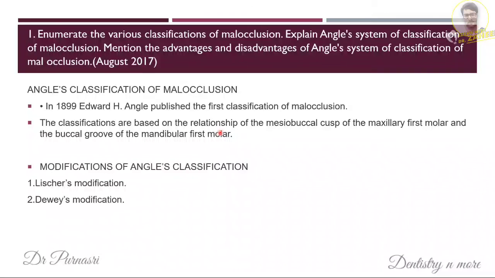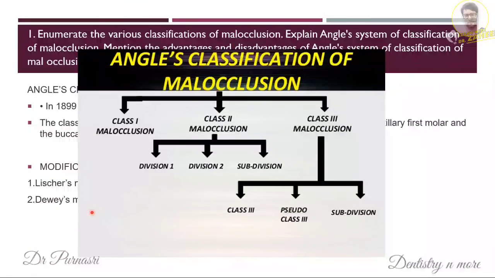So this relation is divided into class 1, 2, 3, and there are modifications given by Lischer and Dewey. You can just draw this flow chart. Angle's classification: class 1 malocclusion, class 2 with division and subdivision, class 3 malocclusion, true class 3 and pseudo class 3, and the subdivision.